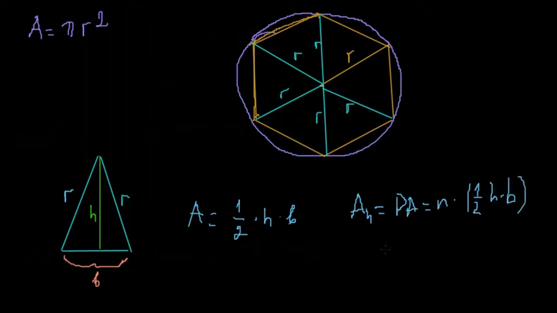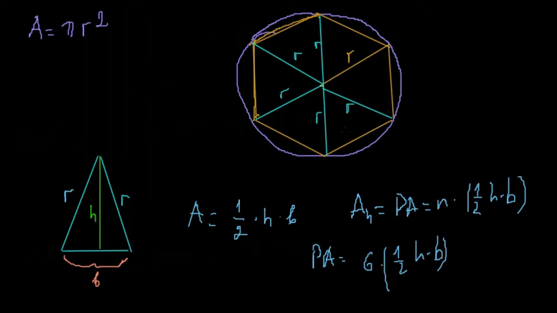This is probably a very nice representation. Let's say in this case the polygon area is going to be 6 times 1/2 times h times b, because this polygon is six-sided, and the polygon area is equal to this amount.